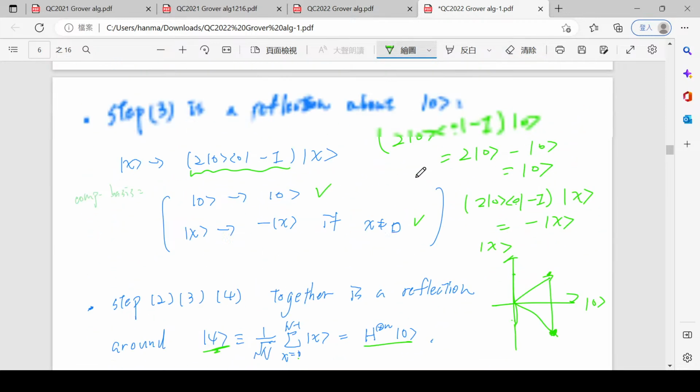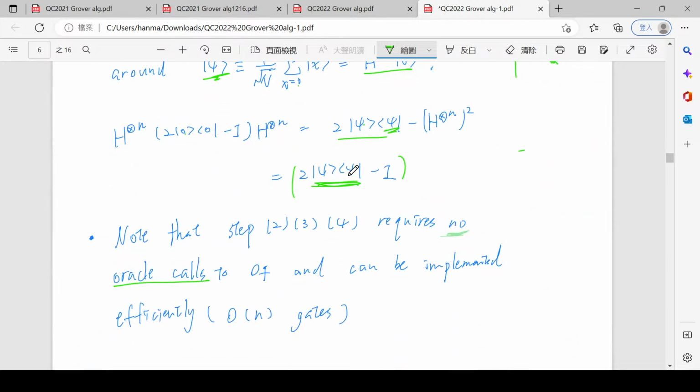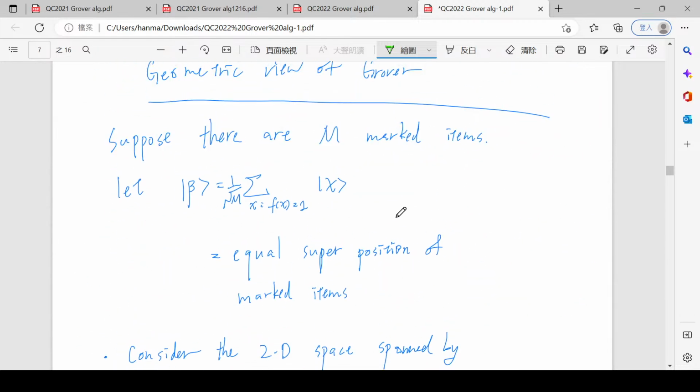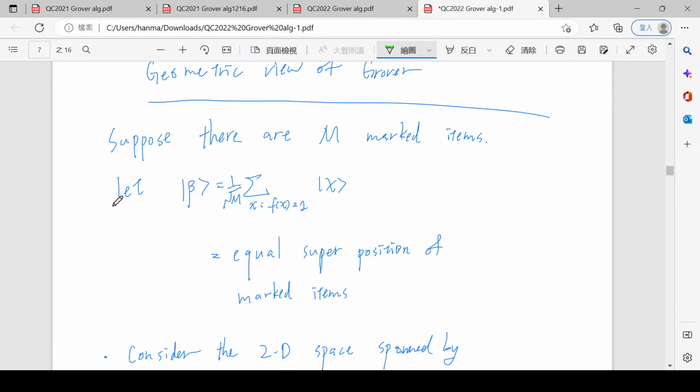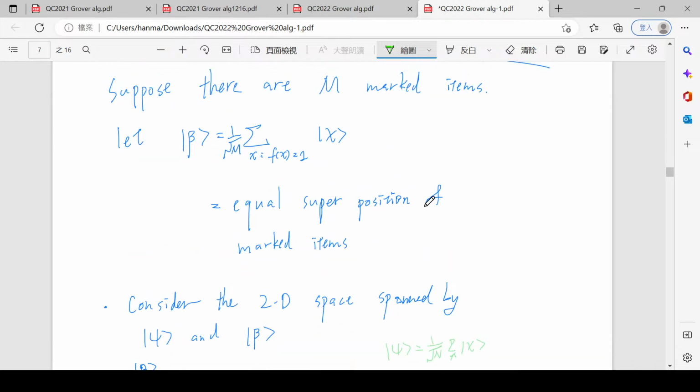Then we want to do this geometric rotation carefully. And we focus on this 2-dimensional plane we keep talking about. It's a plane spanned by two vectors.